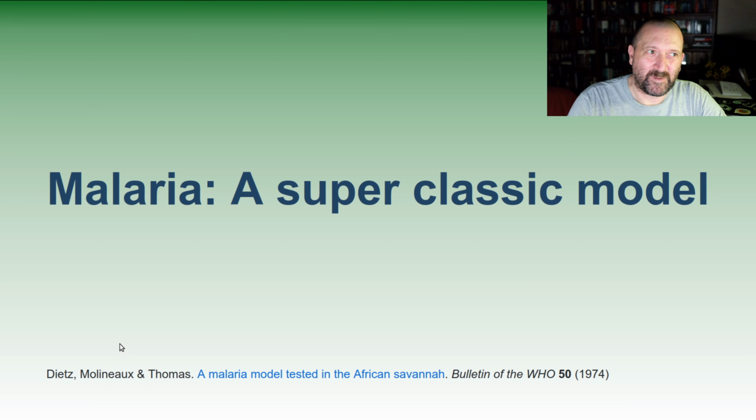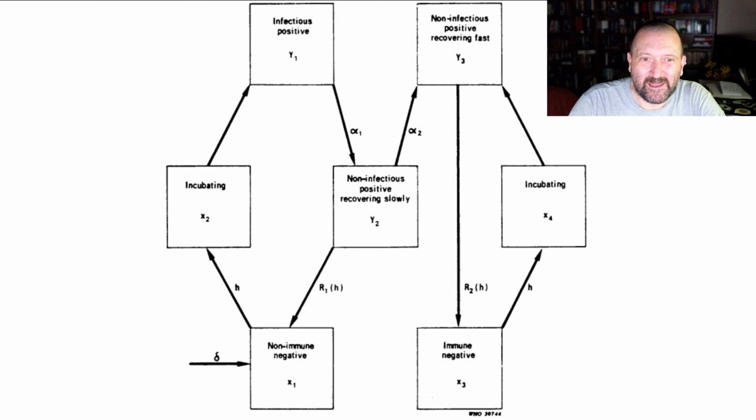Dietz and Molyneux are people that did a lot on malaria. And so this is a malaria model that is tested in the African savanna. And it's in the Bulletin of the World Health Organization. So that's an interesting place to publish a mathematical model also. I'll point out that it's not easy to publish a mathematical model in the Bulletin of the WHO.